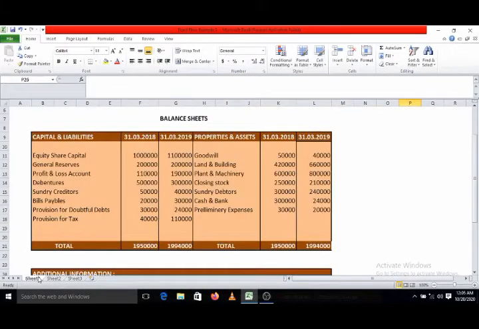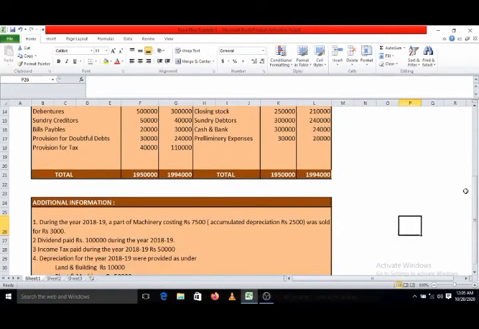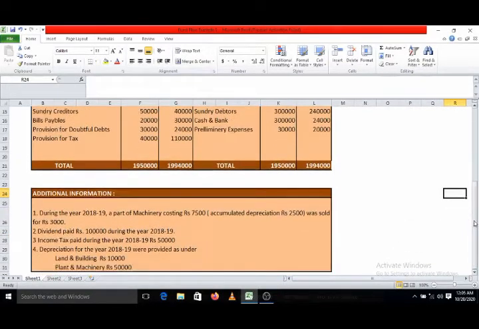Now next check out the additional information. Here the additional information: during the year 2018-19, a part of machinery costing rupees 7,500, accumulated depreciation rupees 2,500 was sold for rupees 3,000. Now try to understand over here. So there was one asset.